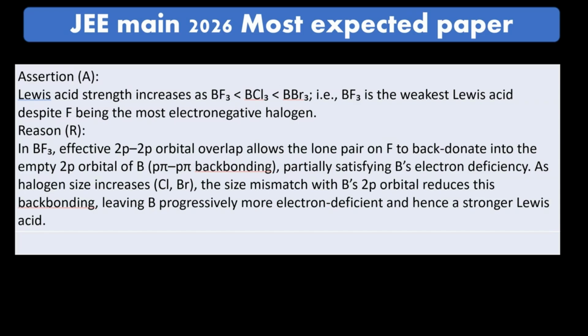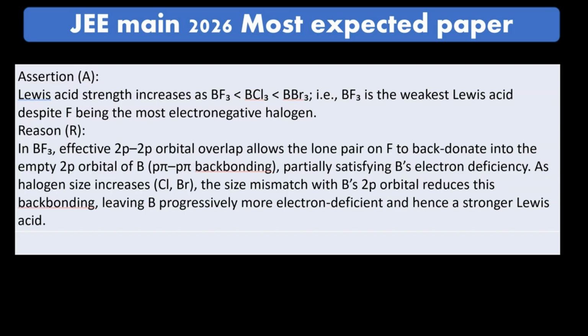Lewis acid strength increases as BF3, BCl3 and BBr3. That is, BF3 is the weakest Lewis acid despite F being the most electronegative halogen. And the reason is that in BF3, effective 2p orbital overlap allows the lone pair on F to back-donate into the empty 2p orbital of B, partially satisfying B's electron deficiency.